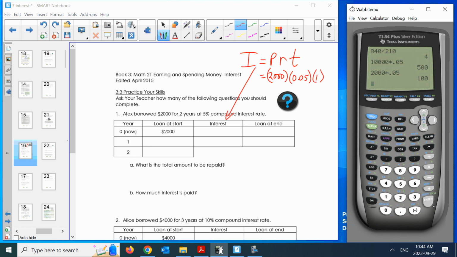That's $100. That adds up to $2,100. Okay, that's the first year, how much interest has come up. This is assuming he's not making payments.